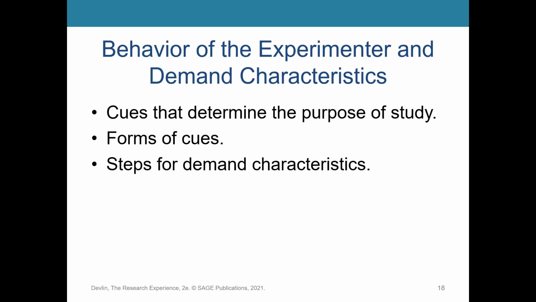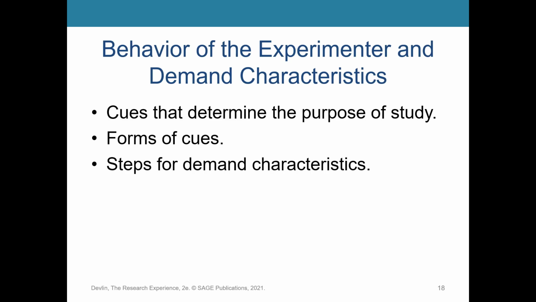Other influences on your study are demand characteristics. These are cues to the participants in the study that maybe enable them to determine the purpose of the study, which again would maybe affect their behavior. Sometimes we do things not purposely, but subtly, and we might give people an idea of what our study is about. So there are many different forms of cues, like the attire of the researcher, like if they're wearing a lab coat or not wearing a lab coat, the manner of speech, where you're looking, so your eye gaze.